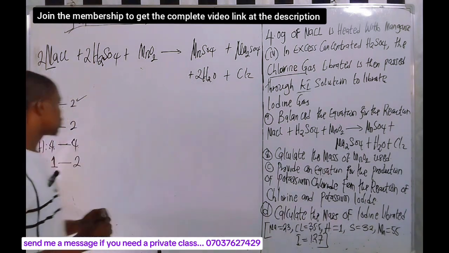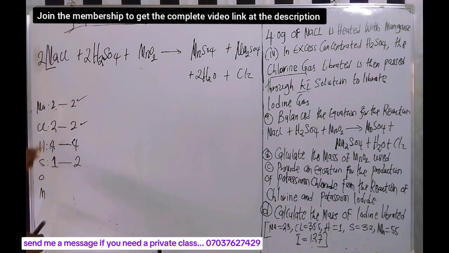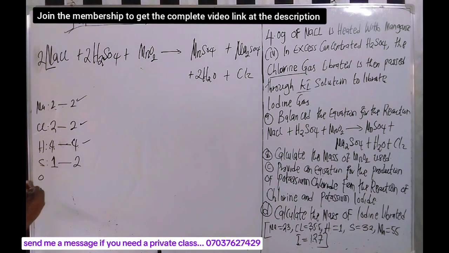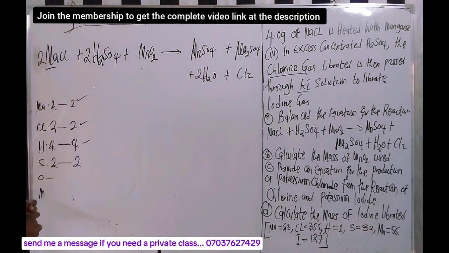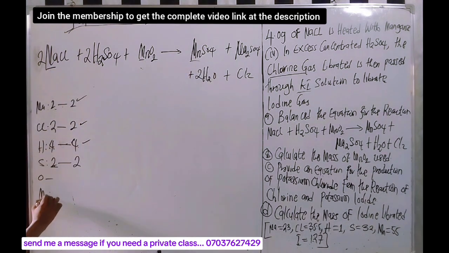Chlorine is 2, correct. Hydrogen is 4, correct. Sulfur is 2. Now look at manganese. Manganese is 1, 1.